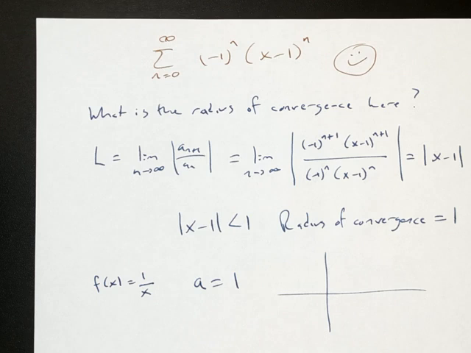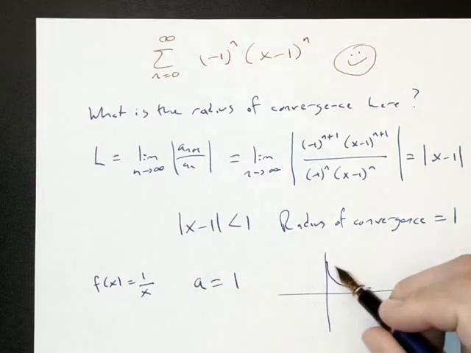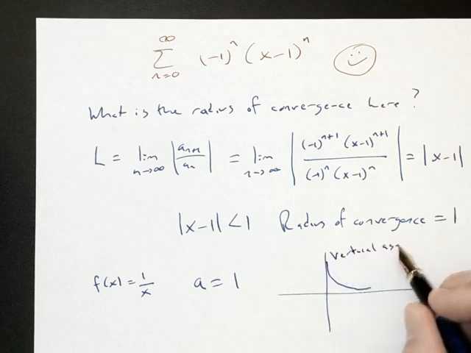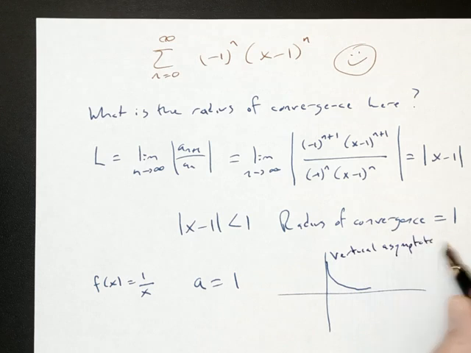We're going up into infinity, because there's an asymptote there, right? This function is undefined at 0.